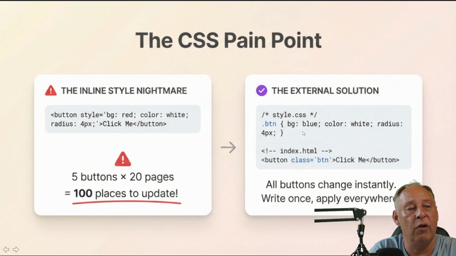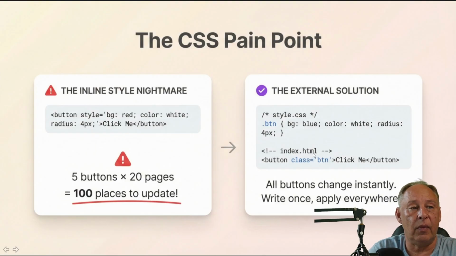BTN will mean go to the file called styles.css, look inside it, and there you will find how the button should look like. So it is blue, the background of the button, the color of the text is white, it's got a radius and so forth.